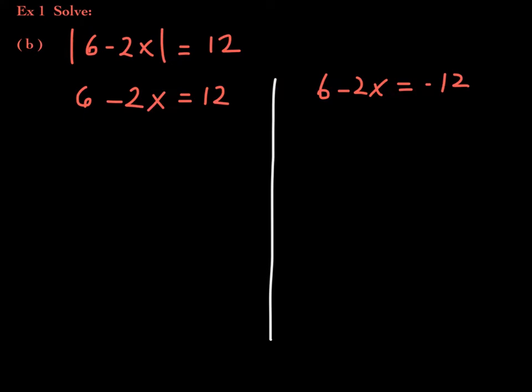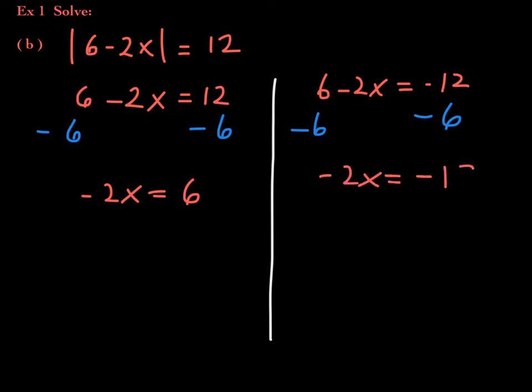First thing I'll do is subtract 6 from both sides. Over here on the right, I'll solve this one simultaneously by subtracting 6 from both sides like this, and that leads me to negative 2x is equal to positive 6. And on this right side for this equation, I get negative 2x is equal to negative 18.